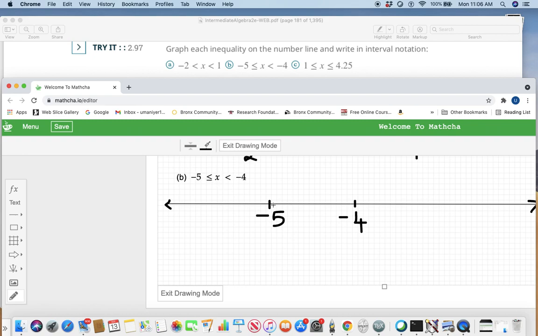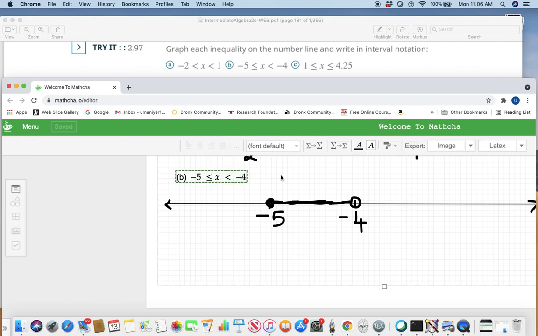Notice -5 is included. Included means you fill in the point. -4 is not included, so you keep it open. X is between these two numbers. Include -5 but exclude -4. Okay. So that's that.